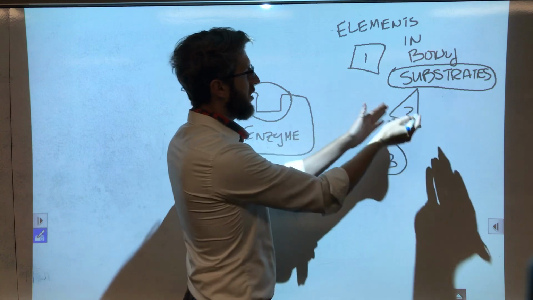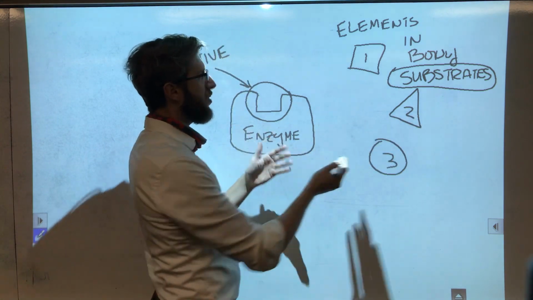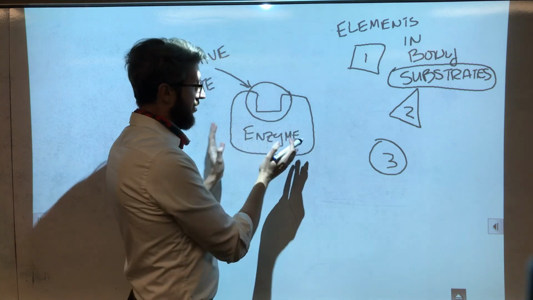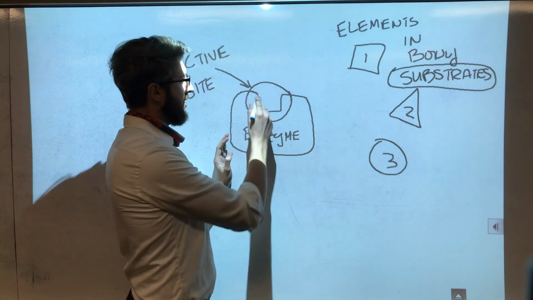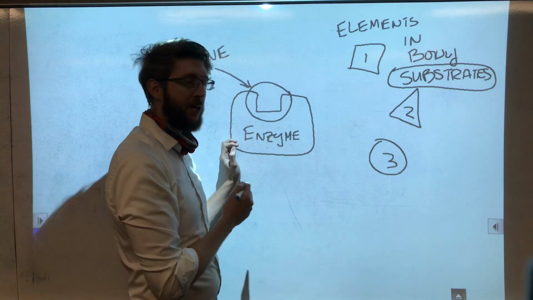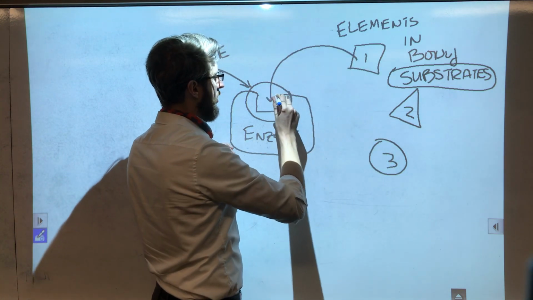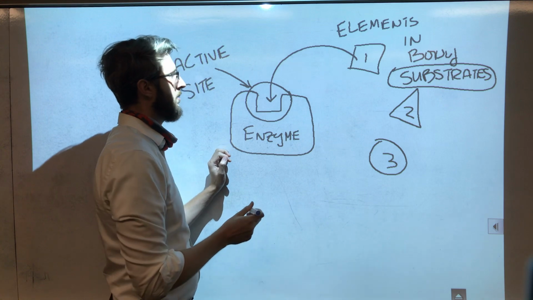So if you look, you can easily see which one of these three substrates will be able to bind with this enzyme. This enzyme has a square-shaped active site. So element 1, the substrate 1, will bind to it.